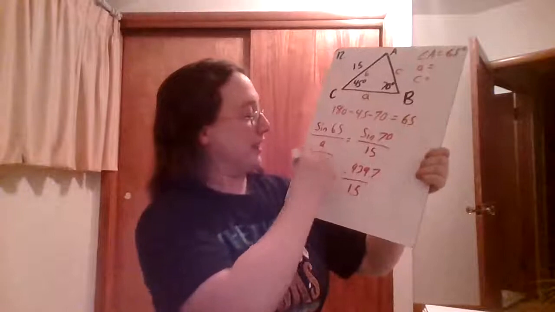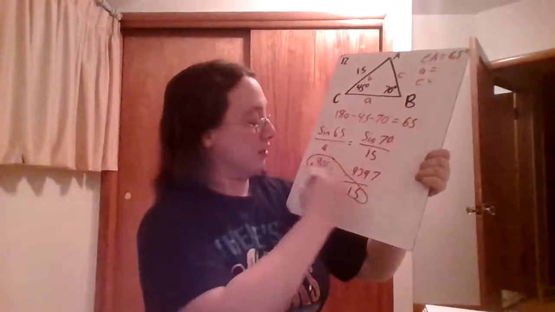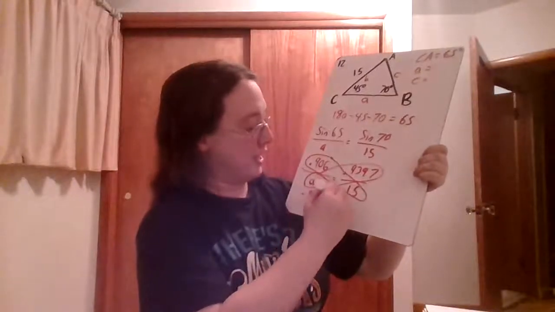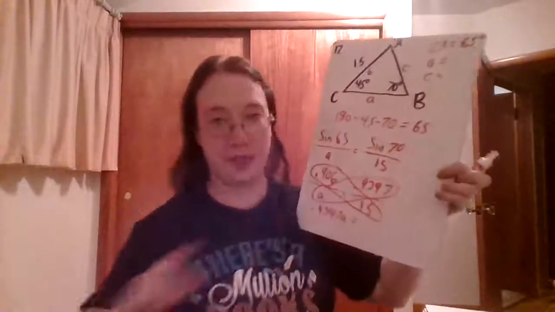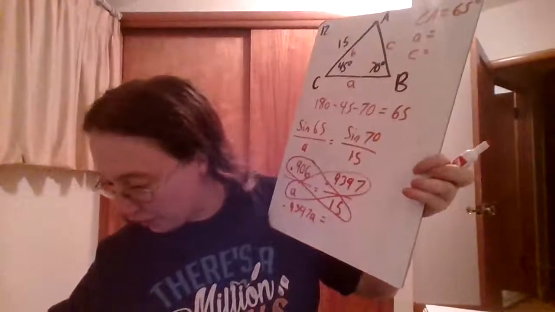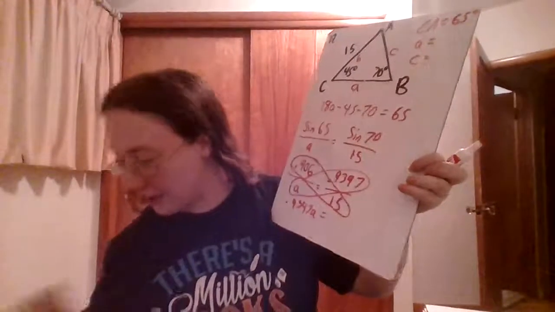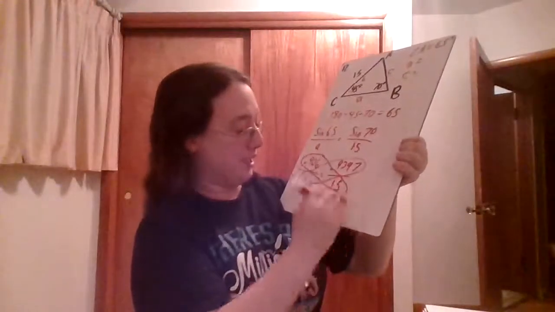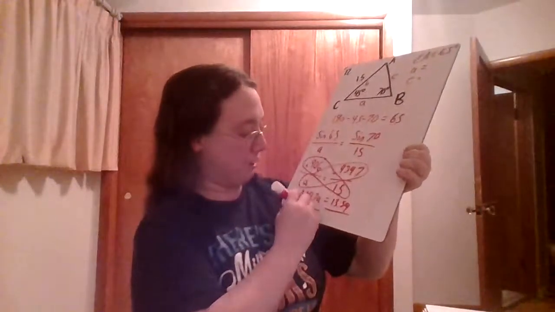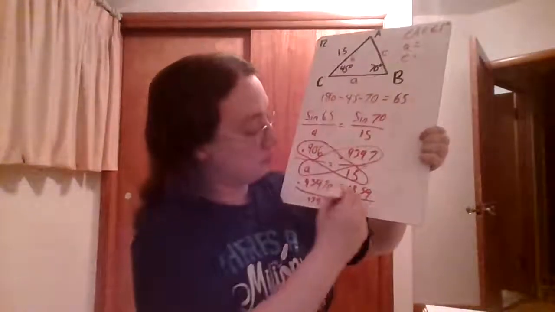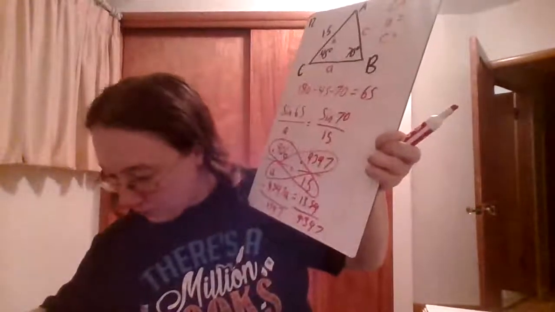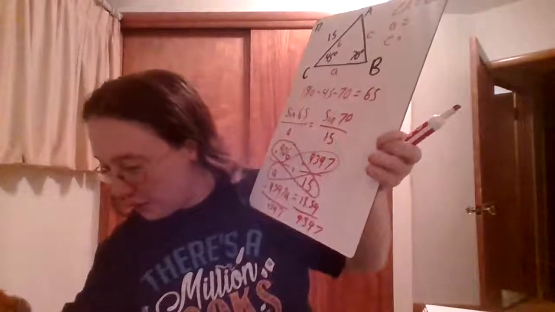And then we're just butterflying that. So 0.9397a equals whatever 15 times 0.906 is. 0.906 times 15 gives about 13.59. And then we're going to divide that by that 0.9397, which gives you about 14.5-ish.